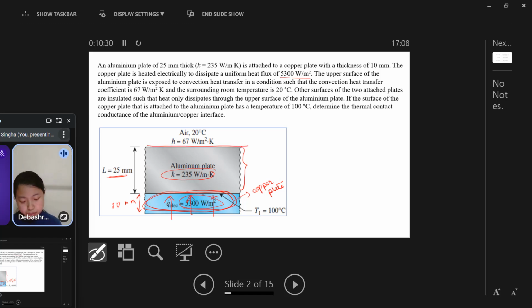So this upper part of the aluminum plate is exposed to air, with convection heat transfer going on here, and the coefficient is around 67 watt per meter square Kelvin, and the surrounding room temperature.